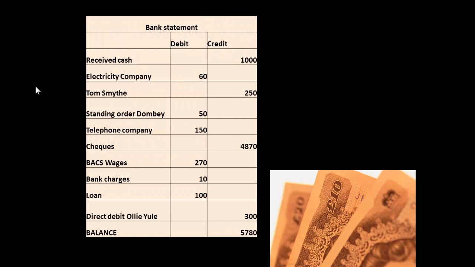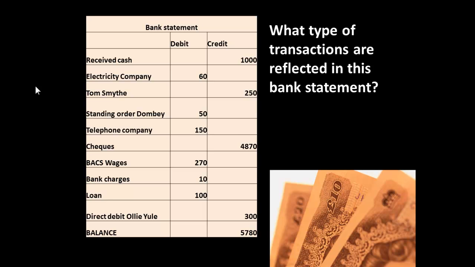Here's a typical statement then from the bank, and this is from the bank's viewpoint. So what type of transactions are reflected in this bank statement? Let's just go through a few of them. The very first one, received cash, is a credit. In other words, that reflects £1,000 of cash paid in. The £60 to the electricity company reflects an amount paid out to the electricity company.